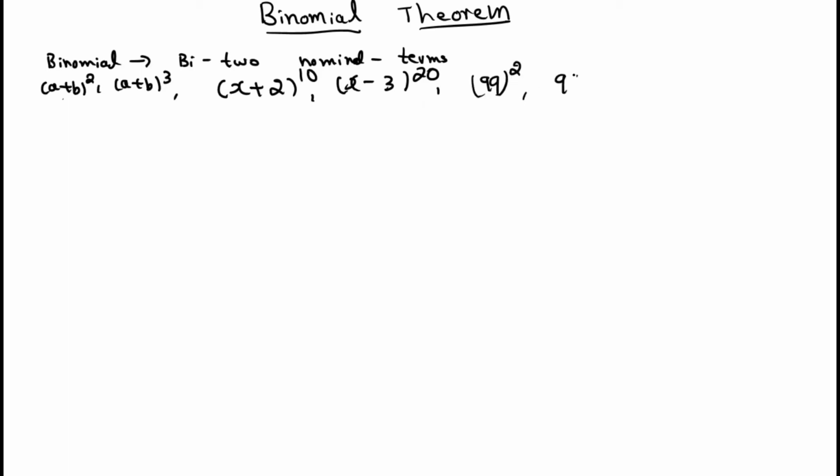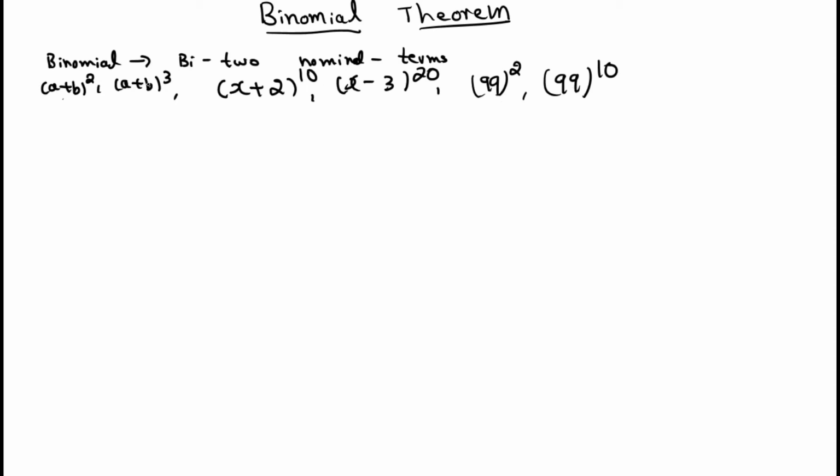Or suppose 99 to the power 10 is given, find the value of 99 to the power 10 without using a calculator. To find the values we use binomial theorem. If we apply the binomial theorem, it's a little easy to calculate the value of 99 to the power 10. Likewise, these are some applications of binomial theorem.